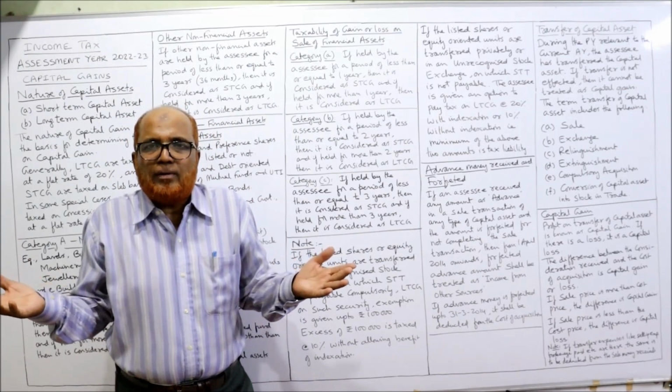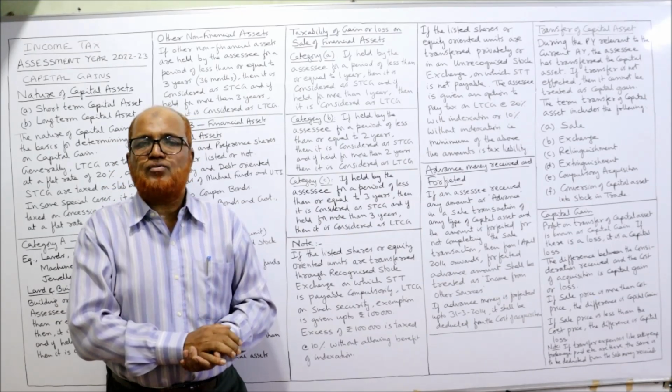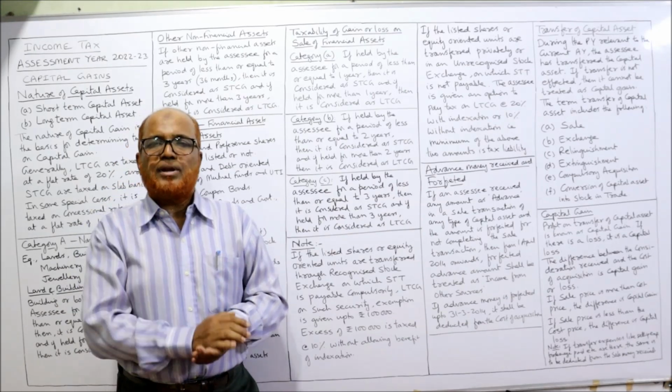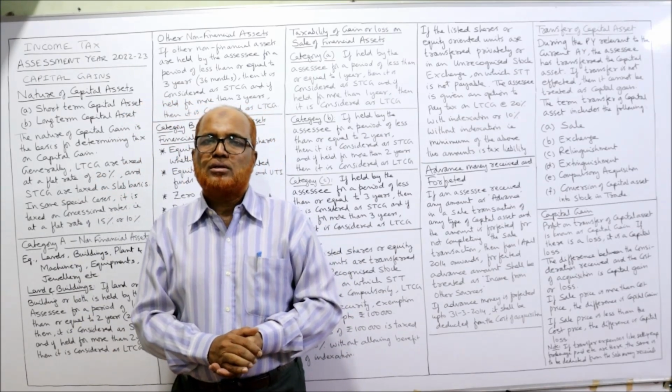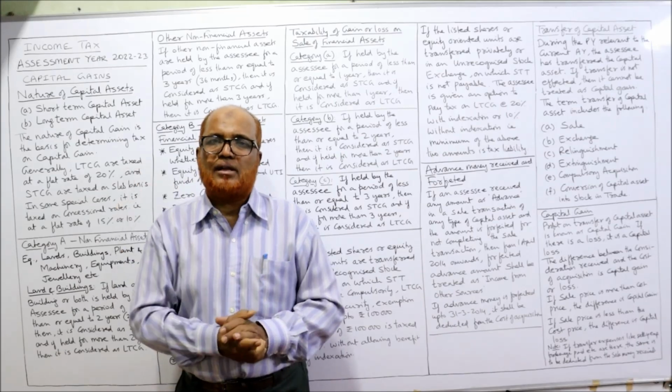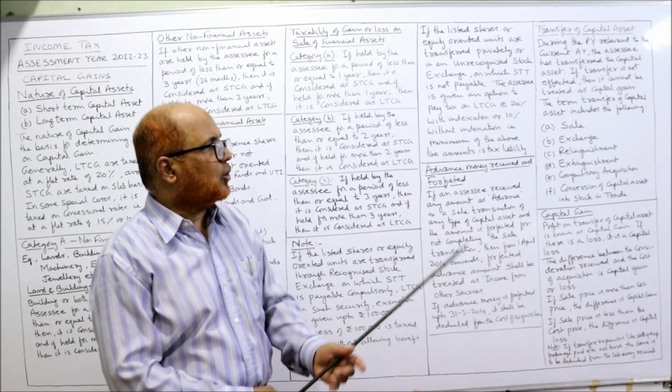If there is no transfer, no capital gain. So you must know what is meant by transfer of capital asset. In examination theory questions, very frequently it will ask you to explain the meaning of the term transfer of capital asset. So transfer of capital asset includes the following.